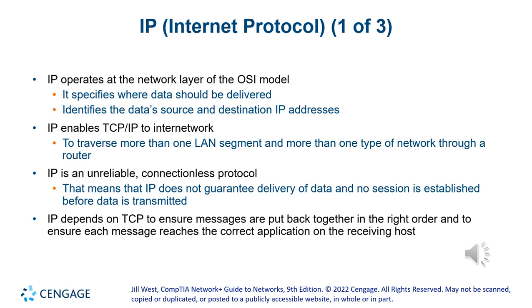IP, once you have all that information, once you get an IP address, that's where you can traverse more than one LAN. If you want to stay within your own LAN, your own local area network, like your department, your room, on the same layer 2, you don't require IP to jump from one computer to another.